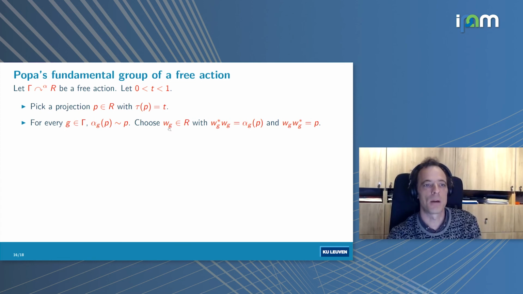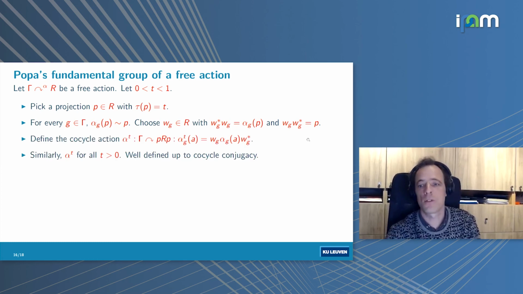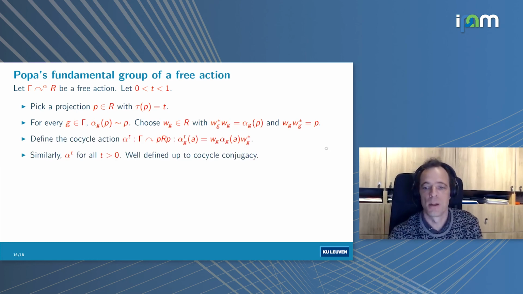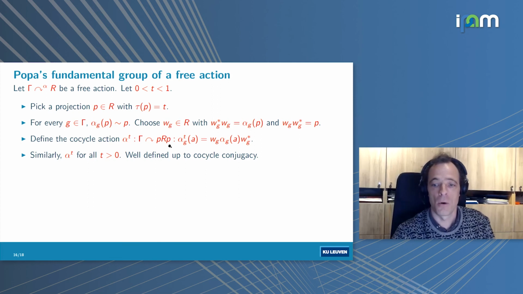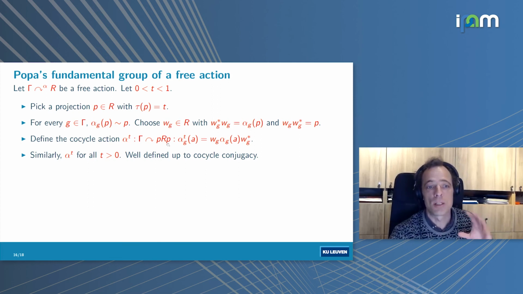So you can pick a partial isometry that links the two projections. And once you have done this, you have created a co-cycle action. Once you have done this, the formula here creates a co-cycle action of the group Gamma on this corner pRp. Now, there are no a priori reasons that this co-cycle can be untwisted, for instance.